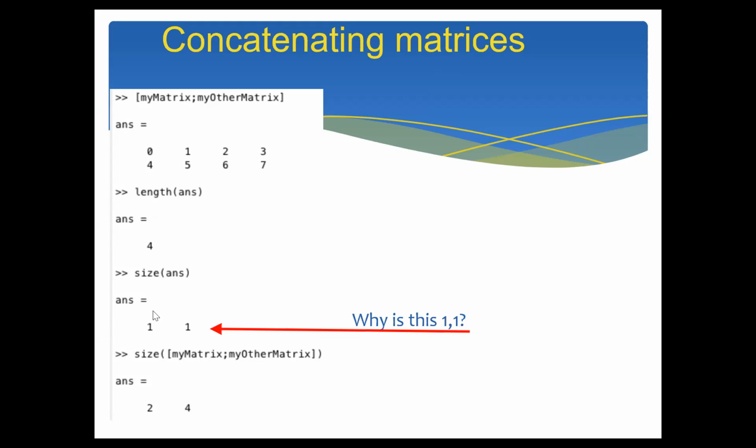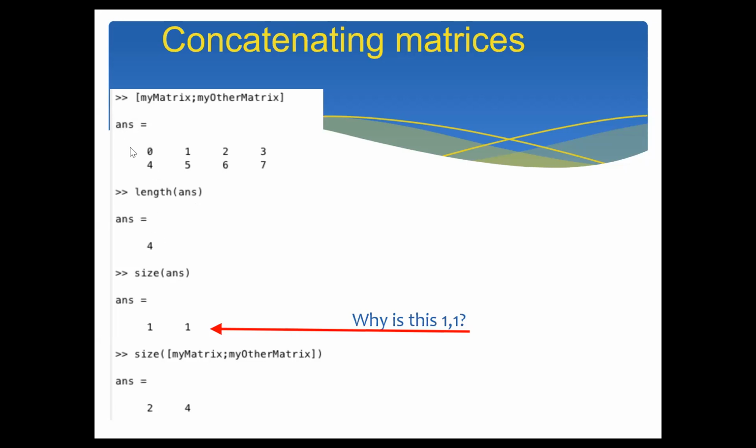But then the question is, if you do this, why do you have the size to be 1 and 1? Any quick answer? Right, I see some answers in the chat. The reason is that here we do not have a semicolon. So after we have that, the ans variable will be covered by this 4.